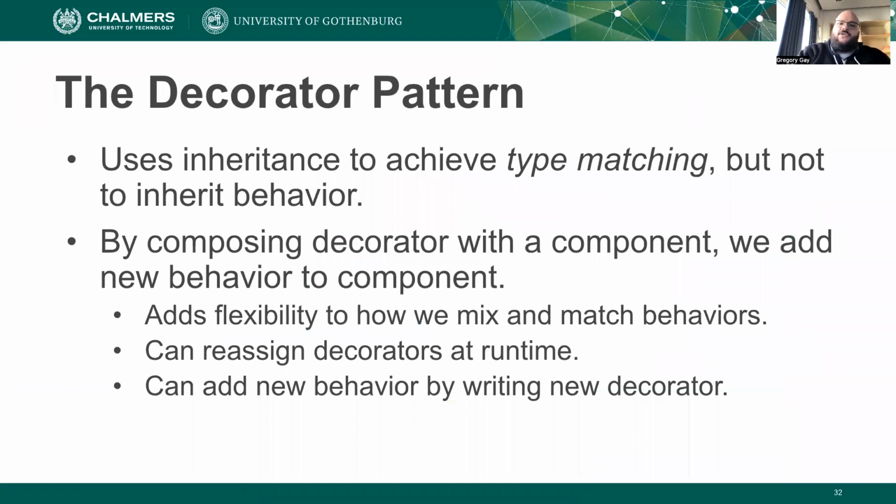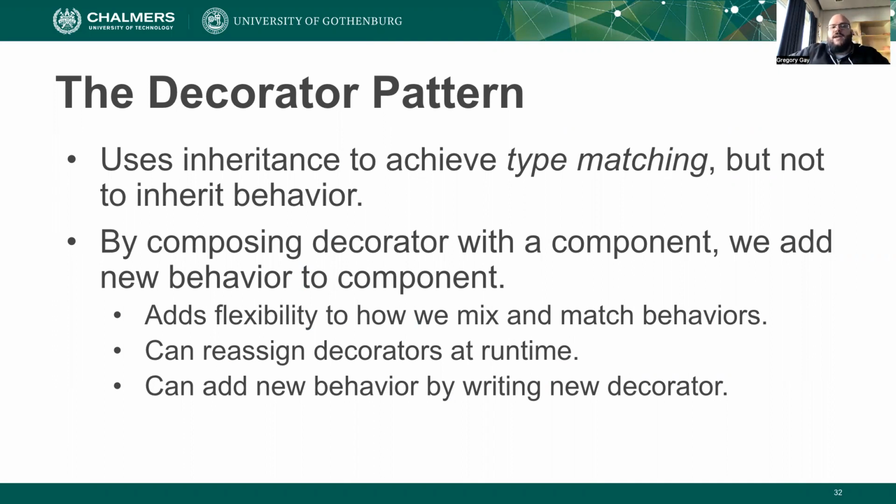So the decorator pattern uses inheritance to achieve type matching, not to inherit behaviors, but really so that we can transparently treat all of these as the same data type. By composing a decorator with a component, we add new behavior. Composition adds flexibility to how we can mix and match behaviors. If we rely purely on inheritance, behavior is determined statically at compile time.